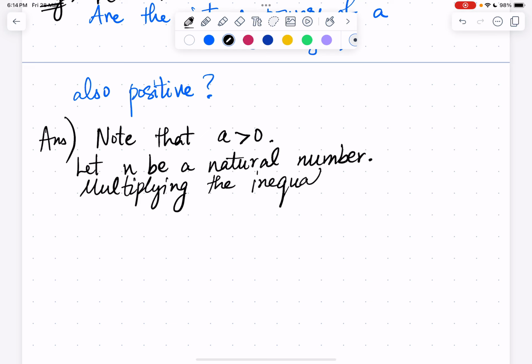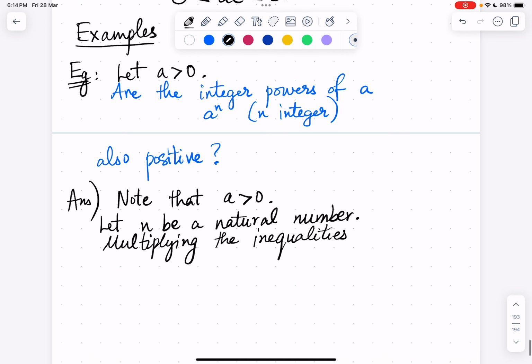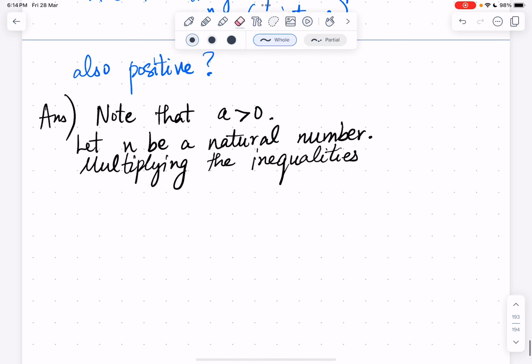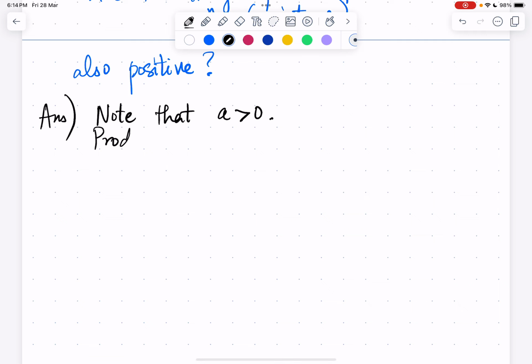We can multiply inequalities as long as the terms involved are positive. Product of positive numbers is positive. This is the basic proposition: the product of positive reals is positive.